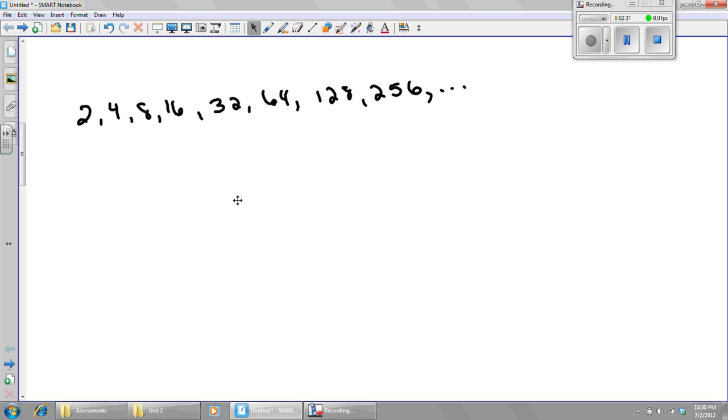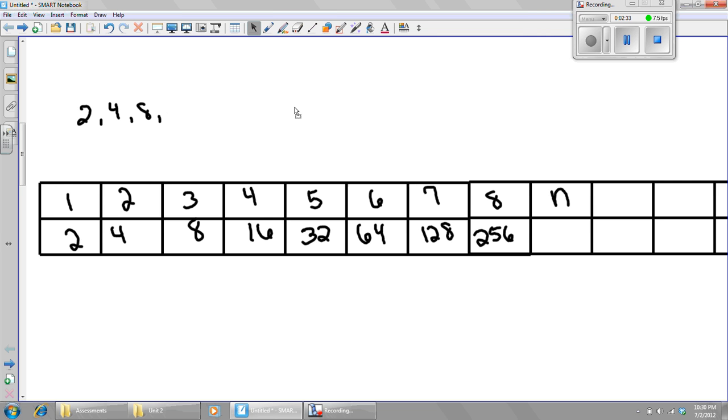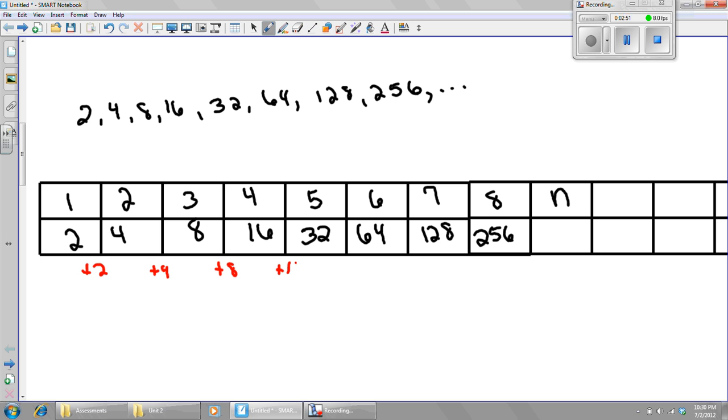All right, if you're still watching at this point, I'm assuming you want to see what's going to happen. So here's my table, and remember I'm in search of the nth term. When I go looking for my first differences, I got plus 2, plus 4, plus 8, plus 16, plus 32, plus 64, plus 128.